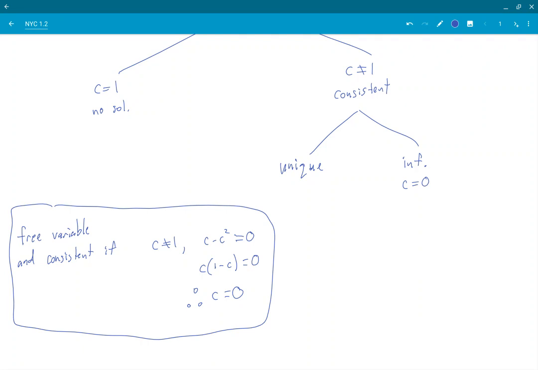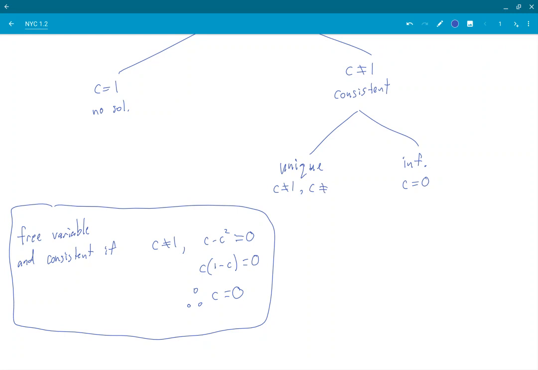So I don't have to think about unique now. Unique is the only possibility left for the remaining C values. Okay, so if C is 1, then I have no solution. If C is 0, then I have an infinity of solutions. So unique must be the other scenarios. C is not equal to 1.